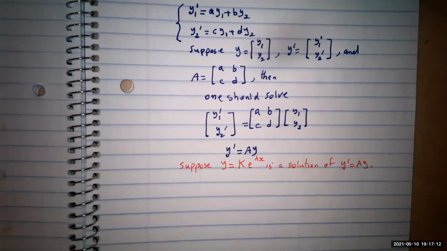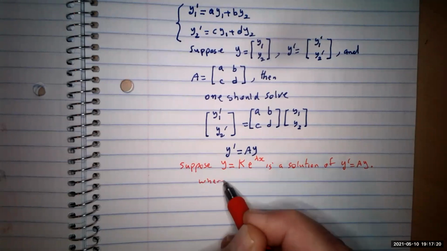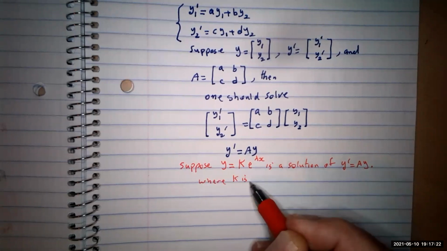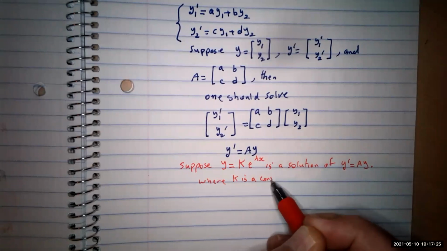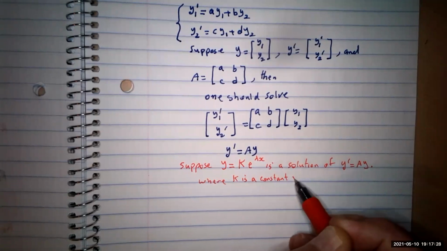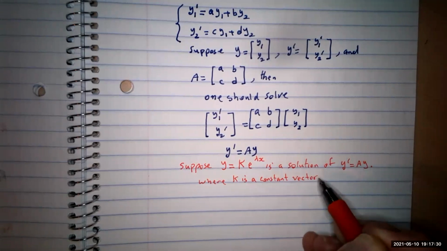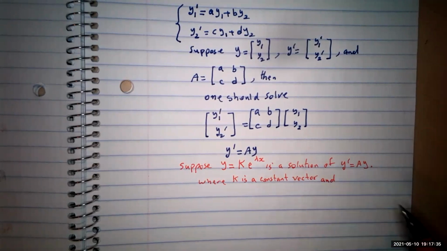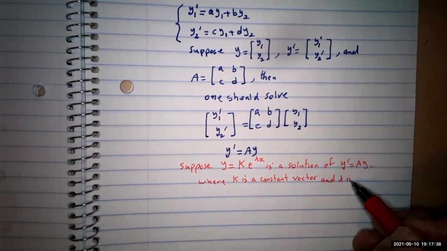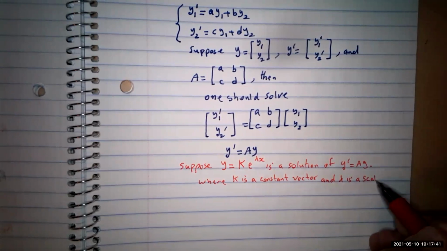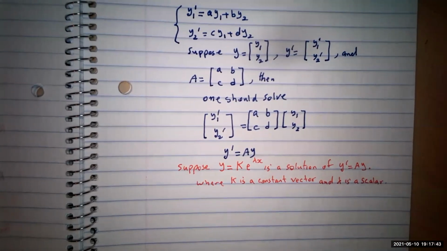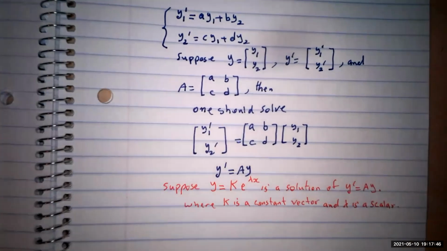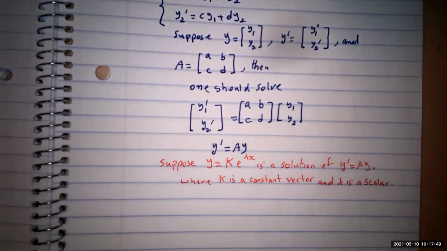Of course, k is going to be a constant vector, and lambda is going to be a scalar. So the lambda is a scalar.